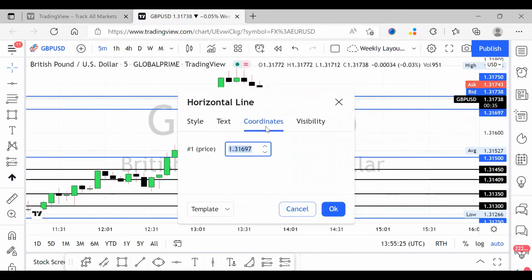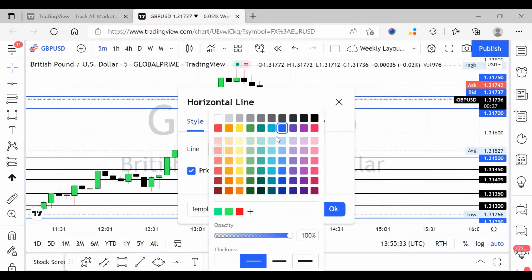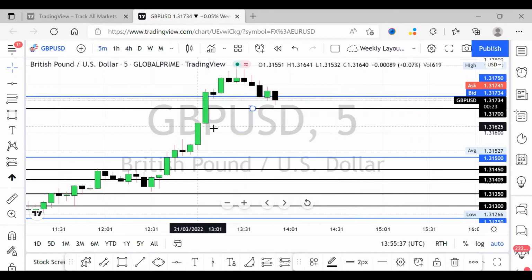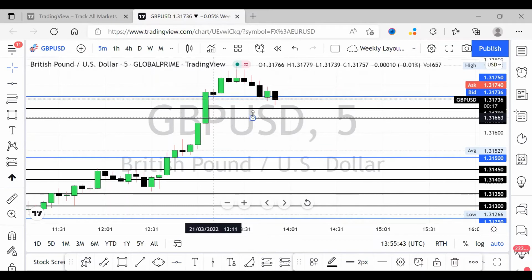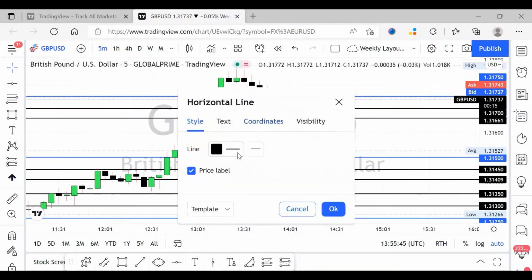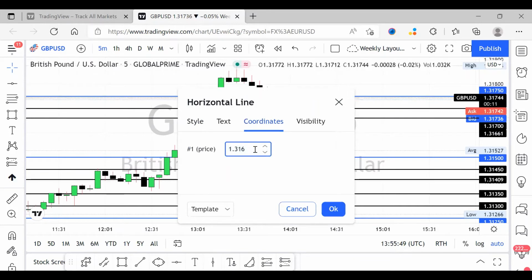So this one will be 700. Change that to black so that you understand what it is. The reason why we're doing this is when price reacts from zones. So here, 600.